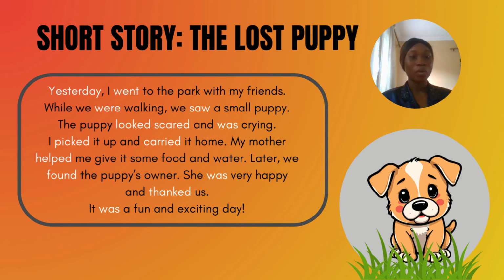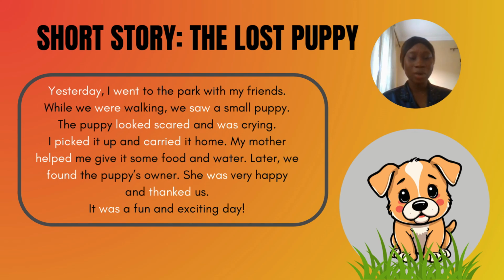I was, he was, she was, it was. So we saw a small puppy. Then you can see words that end in ed like looked, scared, picked, carried, helped, thanked. All of these words give us hints that this story is in the past tense.